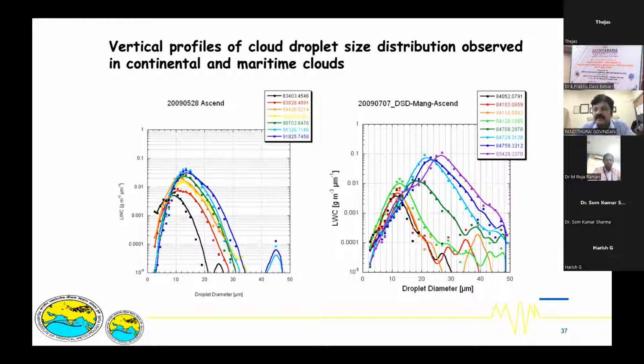So the warm rain initiation will be very easy here because it has crossed the 24 micrometer threshold size, and warm rain initiation can get activated. Whereas here it did not get activated, because it has not even come to the 24 micrometer size.